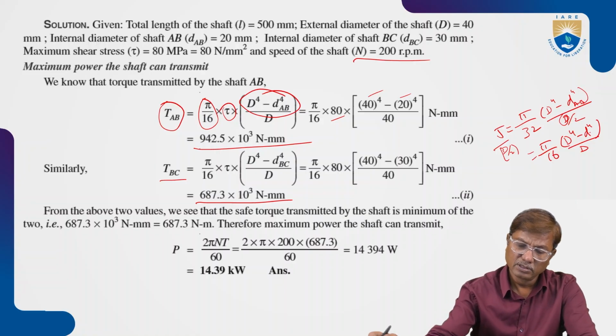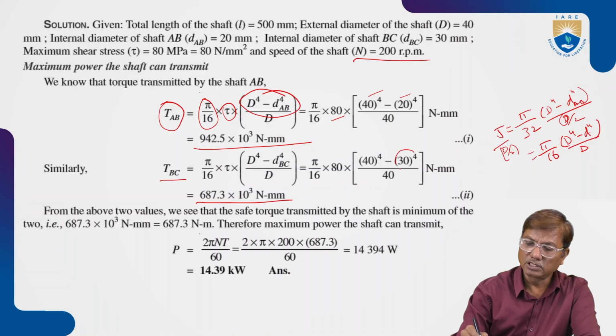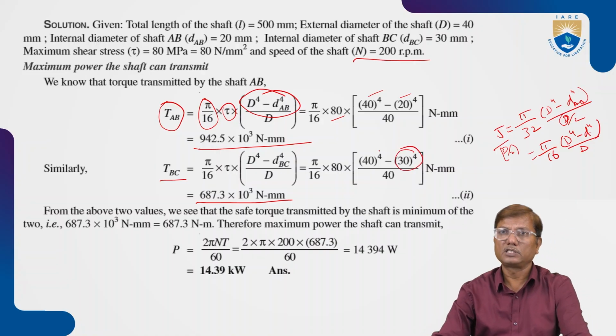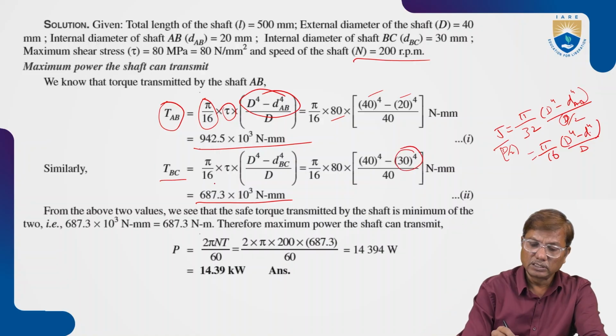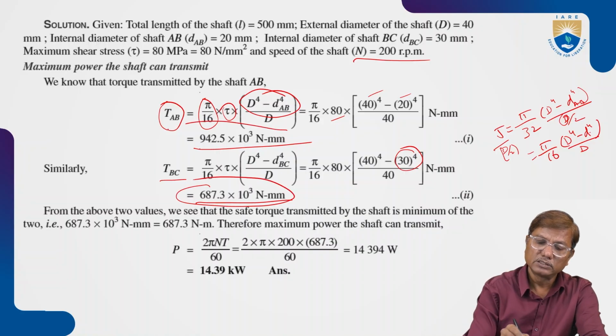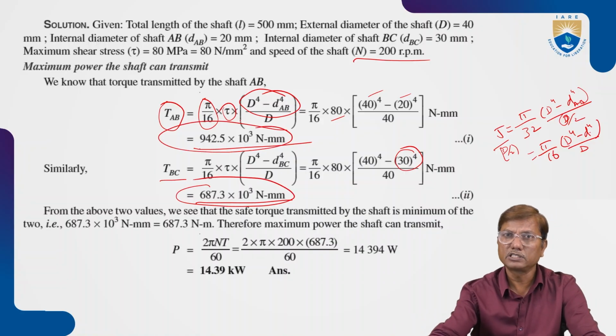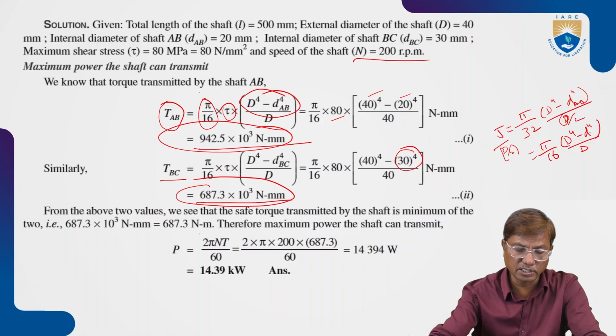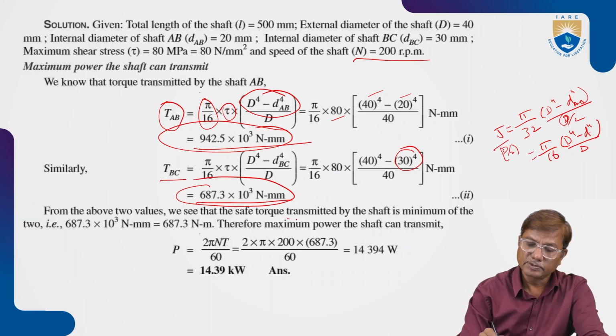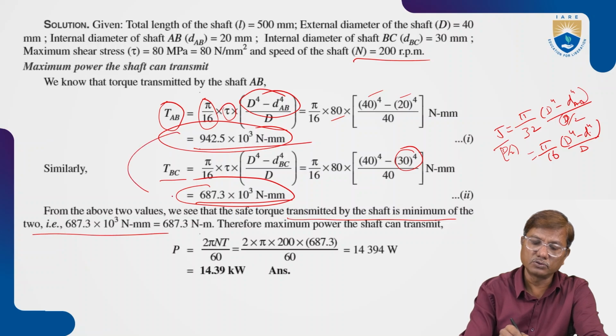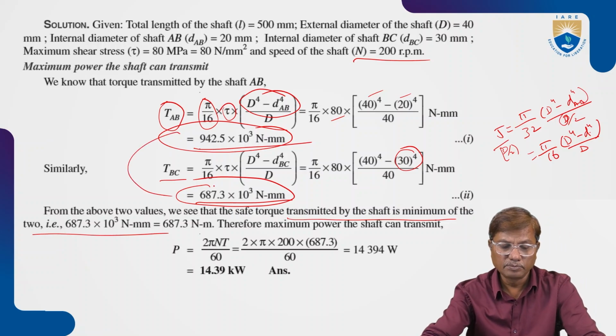Here everything is the same; the internal diameter is different, 30 mm. The least of these two will be the strength of the shaft. The torque transmitted by the shaft is the minimum of the two values T AB and T BC.